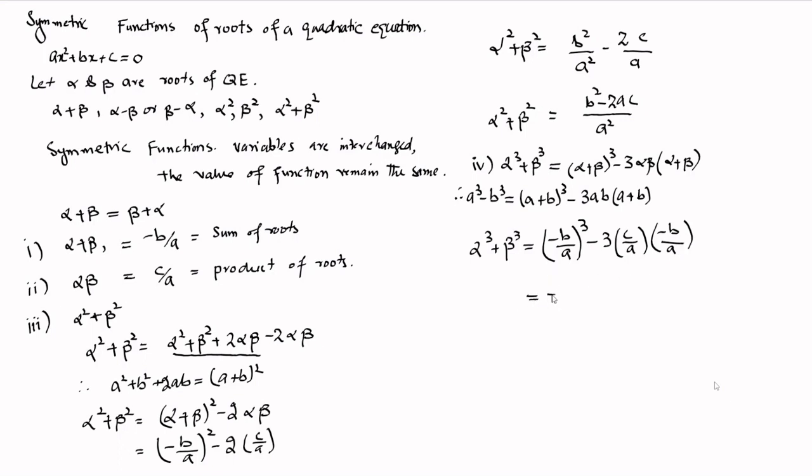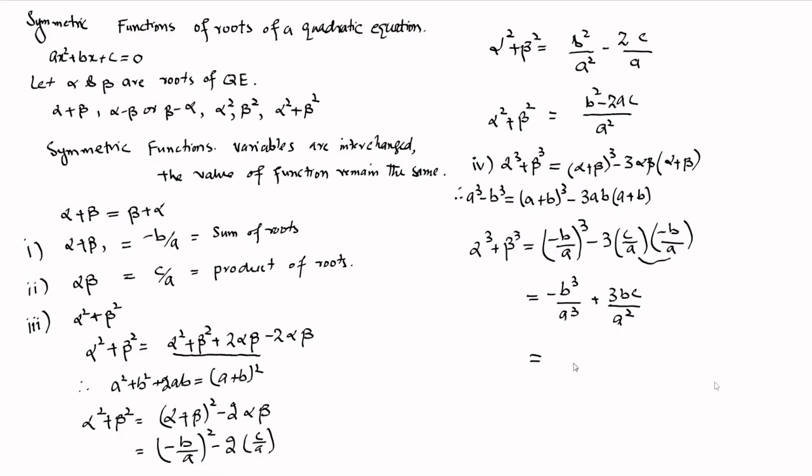So we have minus b cube divided by a cube, minus 3 multiplied by c by a multiplied by minus b by a. This will become plus 3bc, and a multiplied with a is a square.